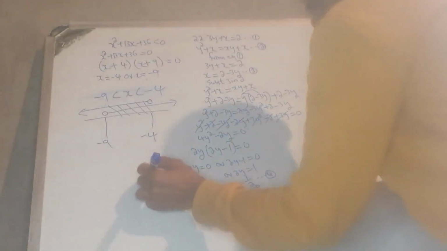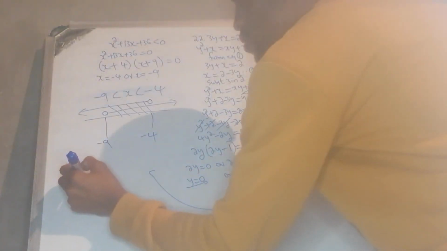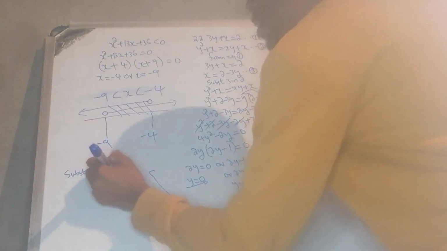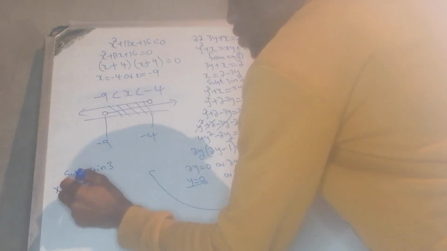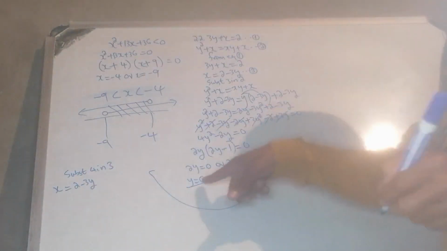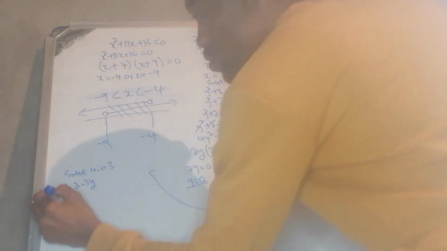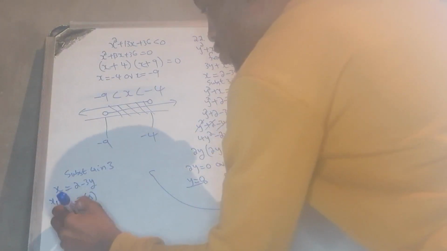And I'm going to substitute 4 in 3. x equals 2 minus 3y. I will start first with this one. So I will say x1 equals 2 minus 3 into 0, which is 2. And then the second one is this one.